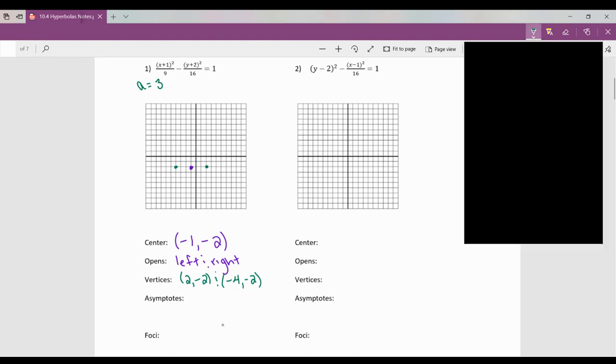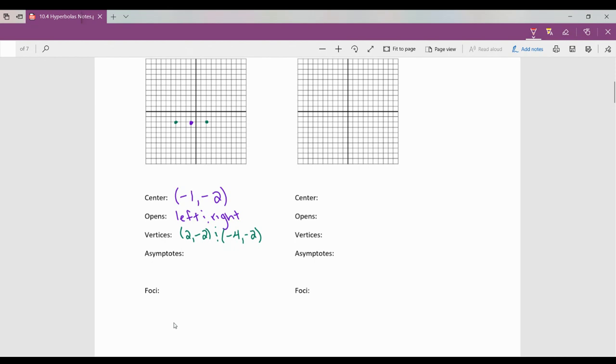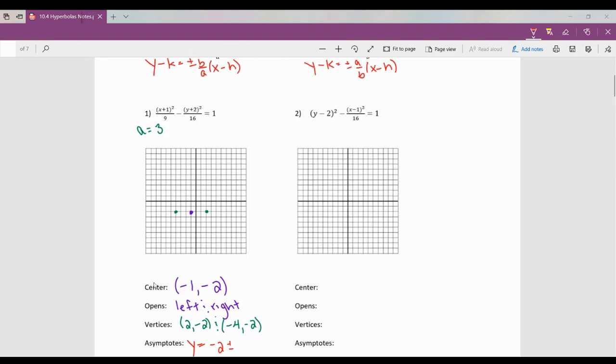Now the next thing we do is our asymptotes. So I'm going to go ahead and draw in my asymptotes. First thing I do is I find the equation for the asymptote. So the equation for the asymptote is y equals my k value, which is -2, plus or minus, and in this case it's the y's over the x's, so my b is 4.